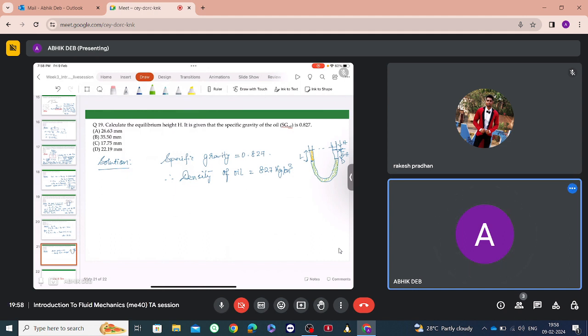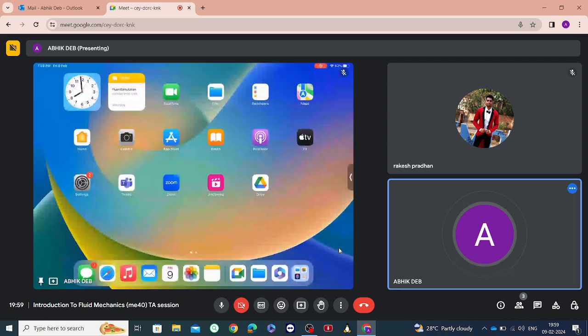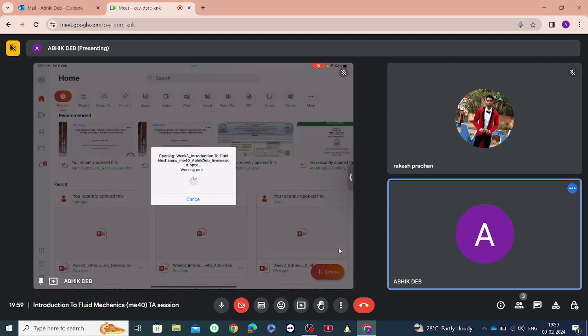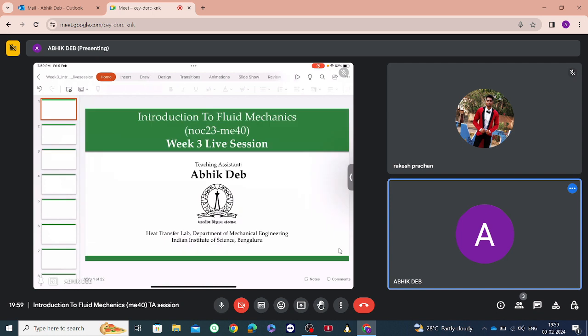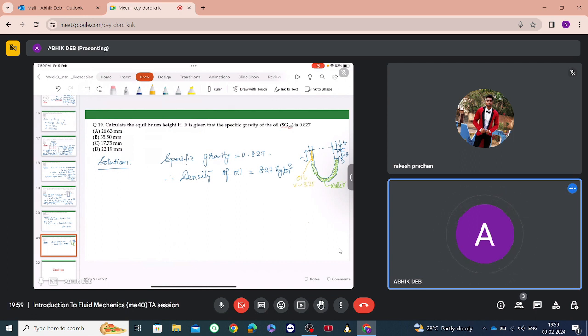Now, what is L? L we can determine from the volume of the oil that has been put in. The volume of the oil is given as 3.25 centimeter cube.